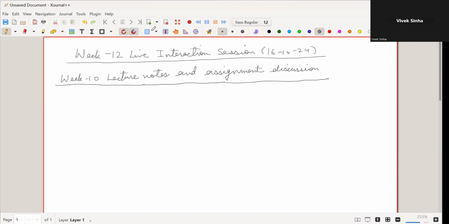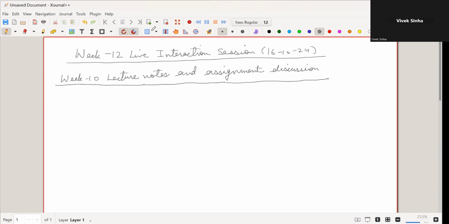And then finally, we did some problems related to vector spaces. So we will go one by one. I will just tell you some definitions and facts, a short summary for the entire week, and then we will solve assignment number 10.